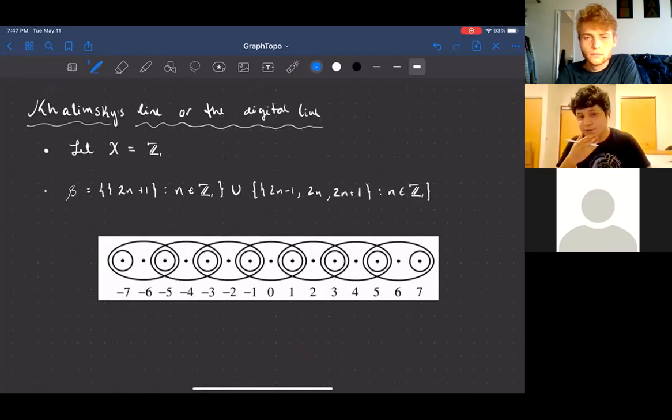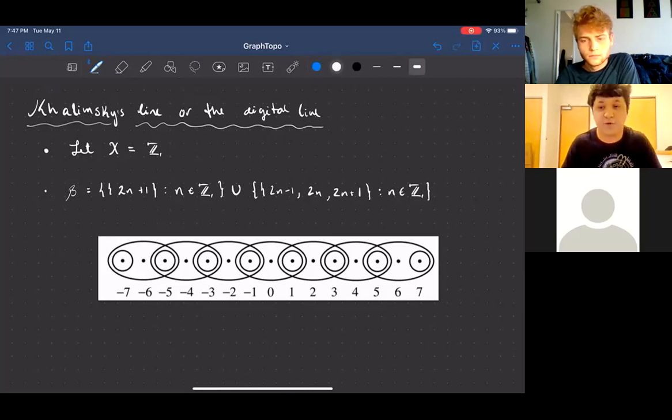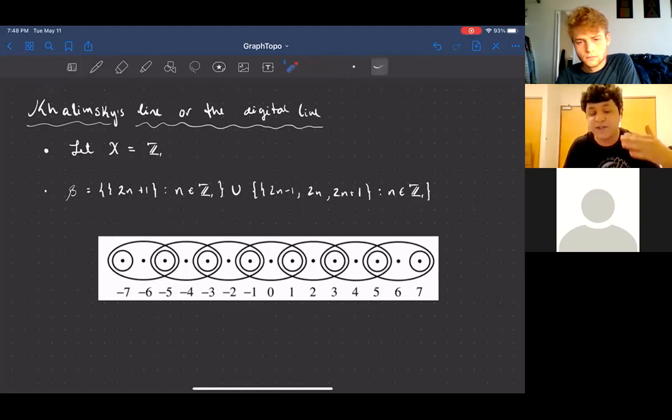Before going further, here's an example of how we can form a topology with a basis. There's a very well-known way of constructing a topology on the set of integers. If you consider the set of integers and define the metric on this set, for example, the distance between the points -6 and -4 is just 2.